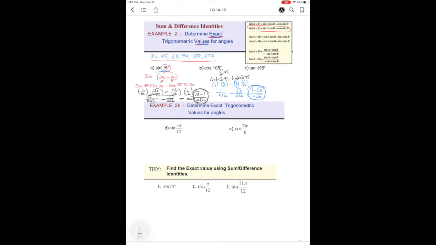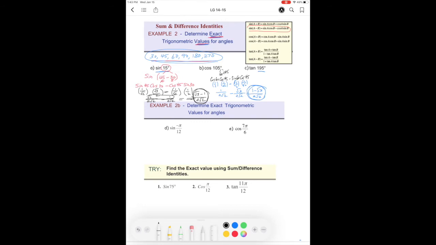All right, let's look at C. Well, example C here, we notice that if I look at all those angles up here, I'm trying to get 195, and it's very difficult. I can't put any two together to get 195.